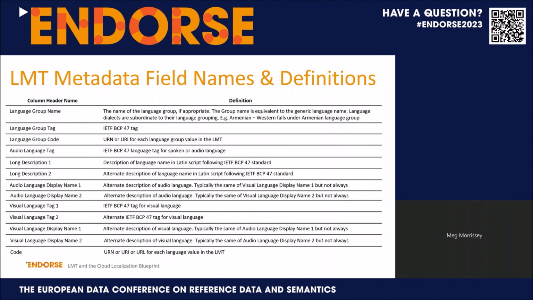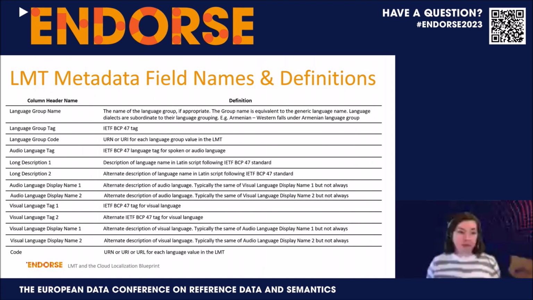We work with systems that are old and new, and we just want to make sure that we're keeping that flexible while also keeping the code consistent. We also provide the URL for each language value so that this can be leveraged in a way that is more automated.